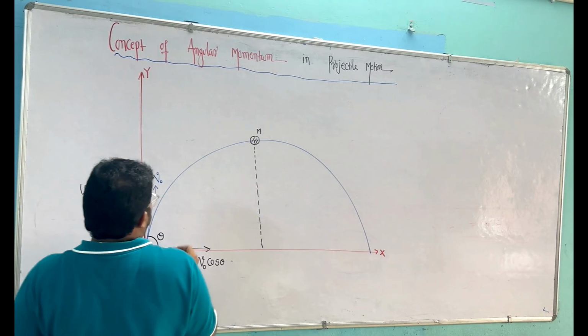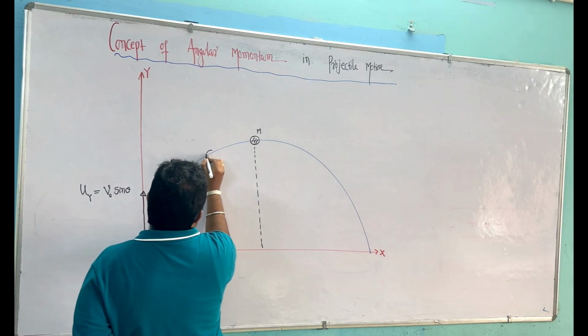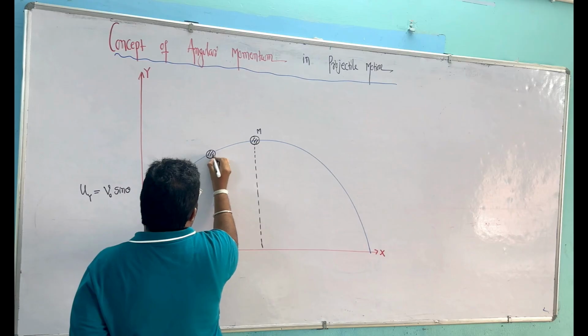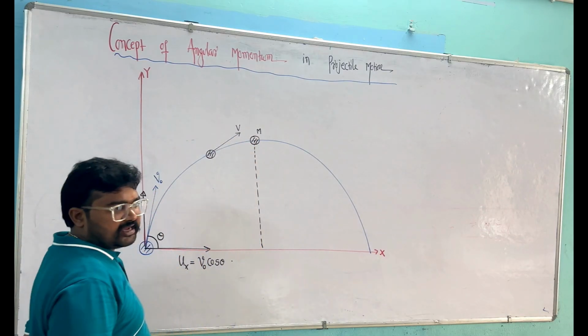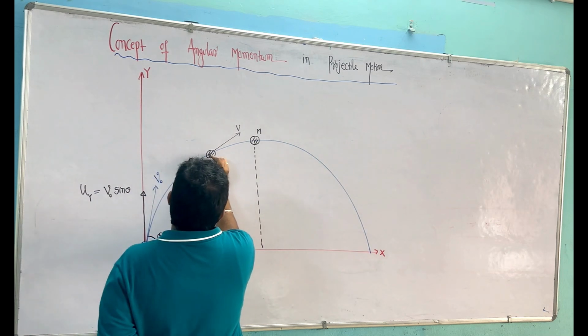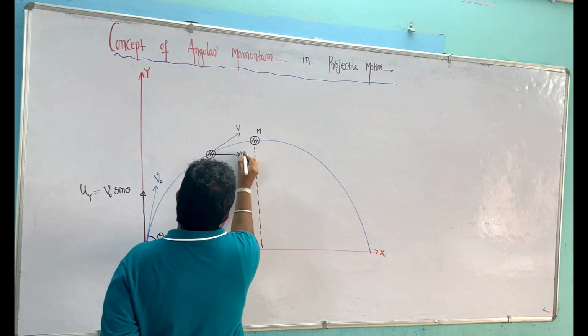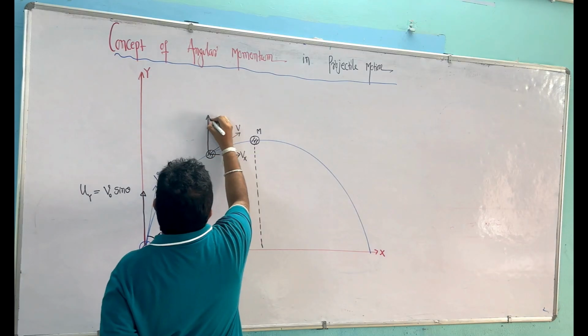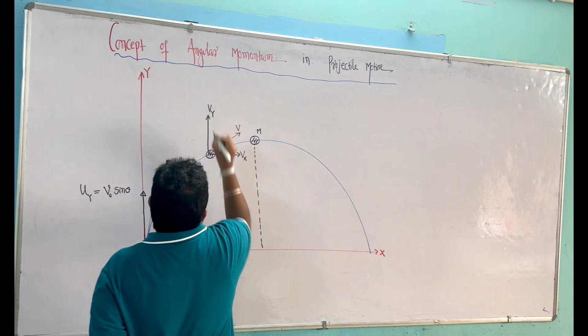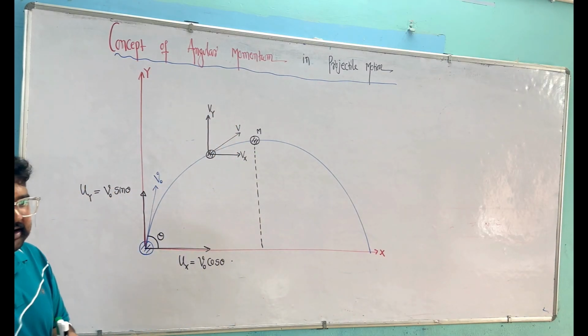Now I am interested in calculating the angular momentum. Here the velocity is V. Along this direction you get Vx, and along this direction you get Vy. Vx and Vy. Understood?